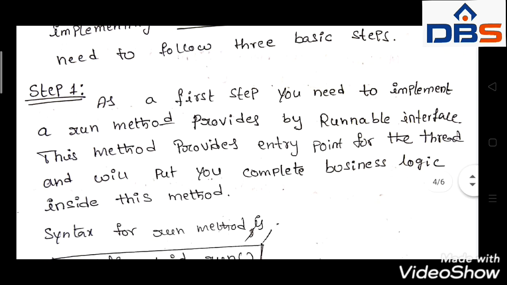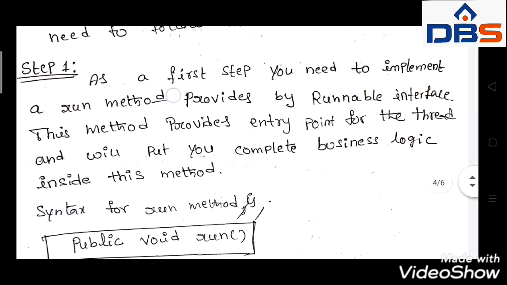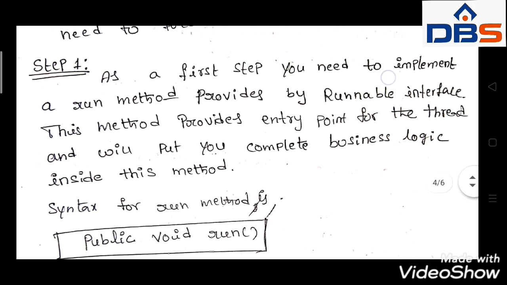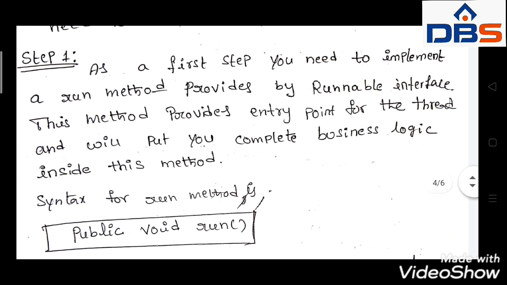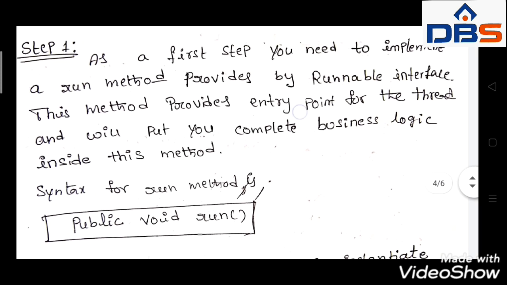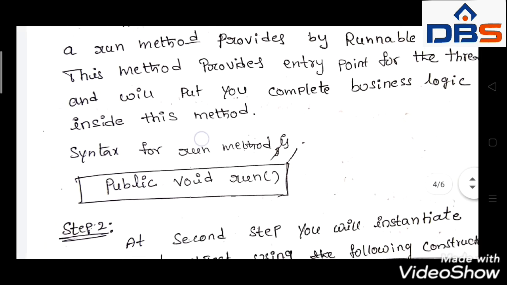Here we are following 3 steps. Step 1: as a first step, you need to implement the run method provided by the Runnable interface. This method provides the entry point of the thread, and you will put your complete business logic inside this method.